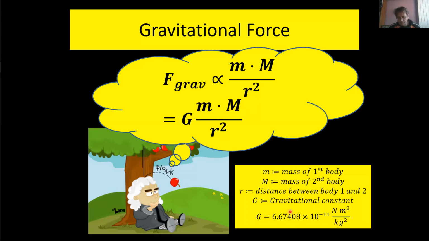If this is a small number, it means that in order for gravity to become sizable, this product here, or at least one of these factors here, needs to be sizable to really make a big change. Theoretically, you could put one marble and another marble on the table, and then there works gravity between them.